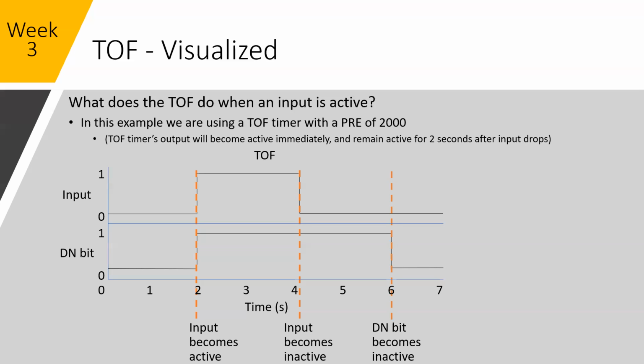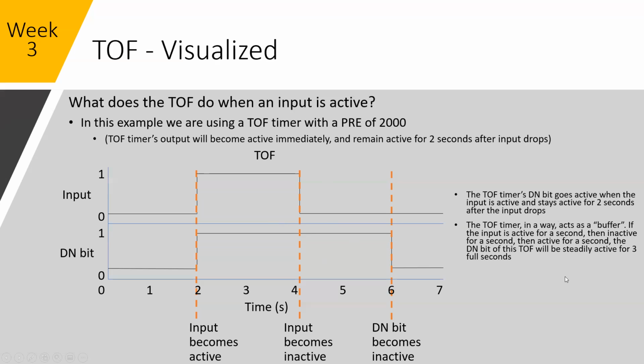So once your input becomes false, only then does the timer start accumulating. And then once the timer has completed, the output of the timer becomes false. So again, for the 2 seconds, the output will stay on.